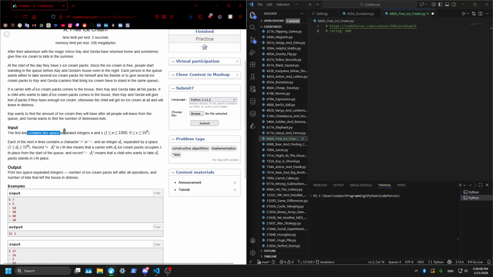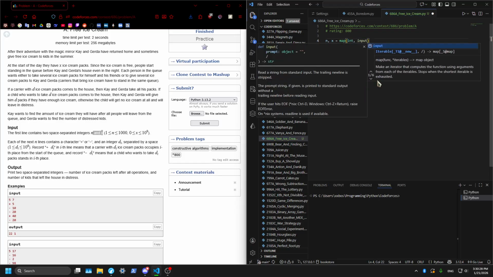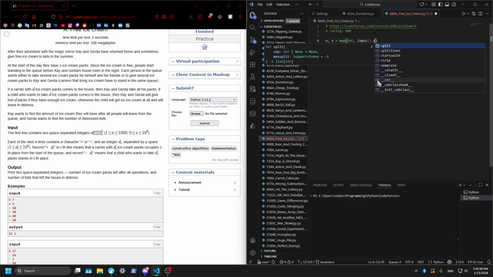So the first line takes in two integers, n and x. Map int input dot split.